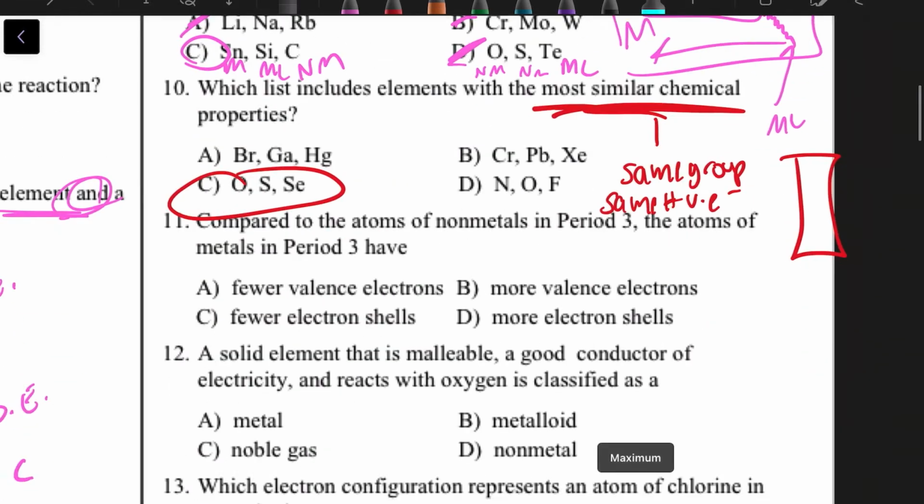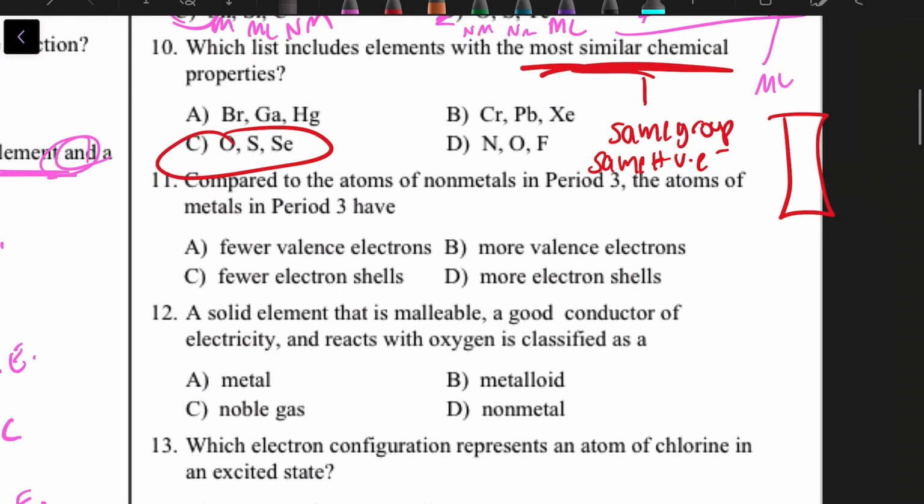Moving forward, number 11, compare atoms of nonmetals in period 3 to atoms of metals in period 3. So again, periods, we're talking about that horizontal row. It can't be C or D because if you are in the same period, you have the same number of electron shells. Again, if you forget that, look at your periodic table.